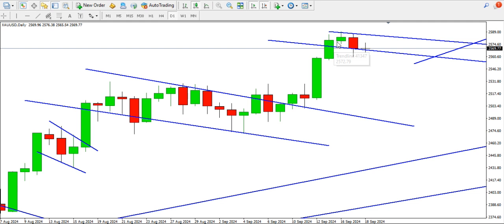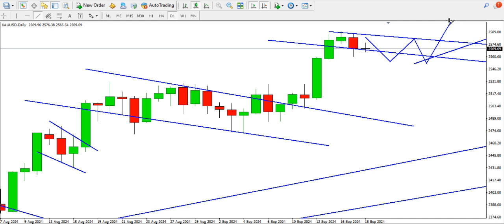We expect another flag formation somewhere around here if the bears are able to hold forth for some time. We might expect to see another flag formation before price breaks out and the bullish trend continues.